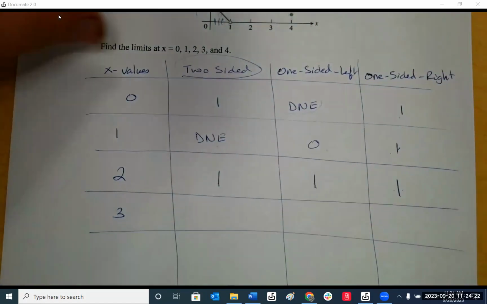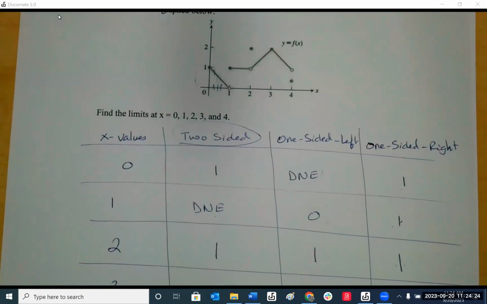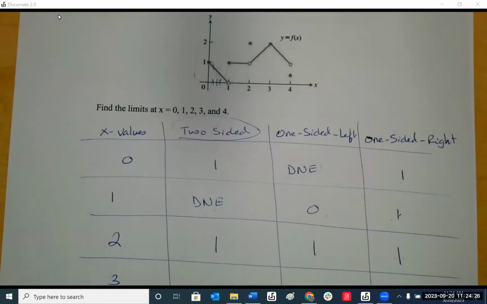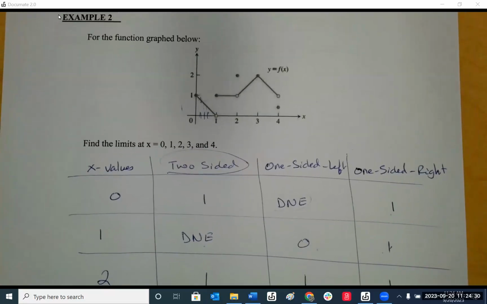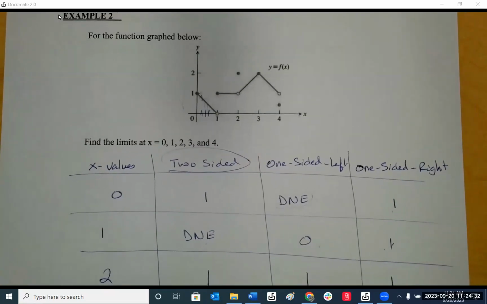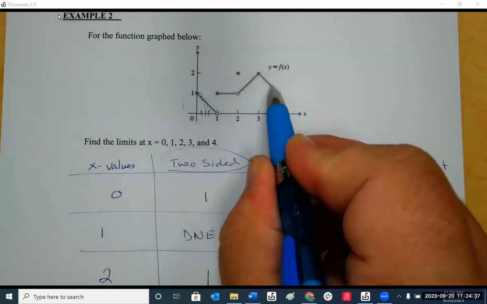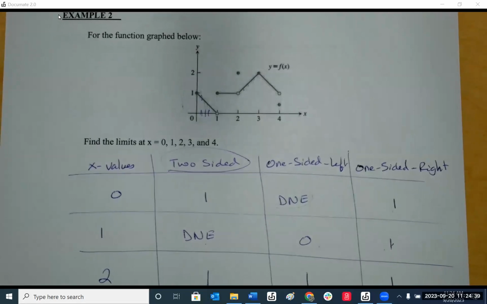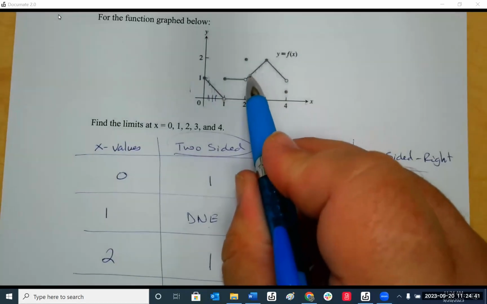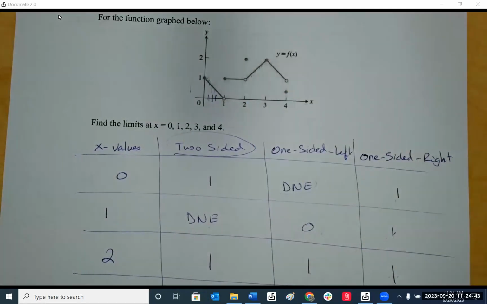We're doing number 3. Need the picture. So what do you do for number 3? What is it approaching? On two-sided, it's approaching 2. On one-sided left, what's happening? And the right-hand side is approaching 2.